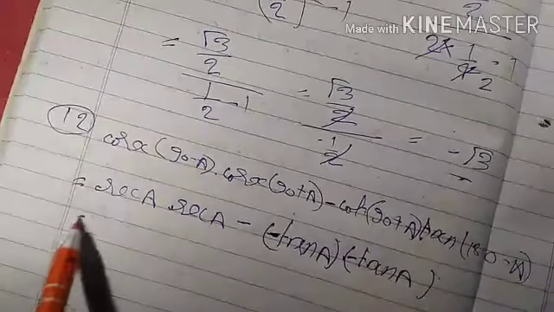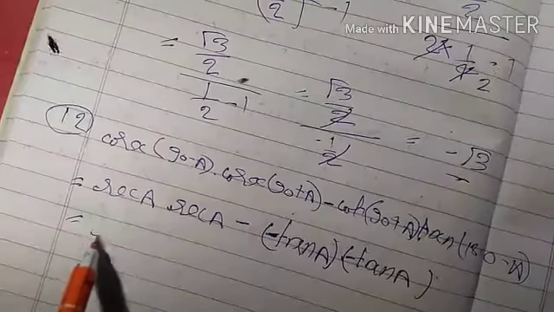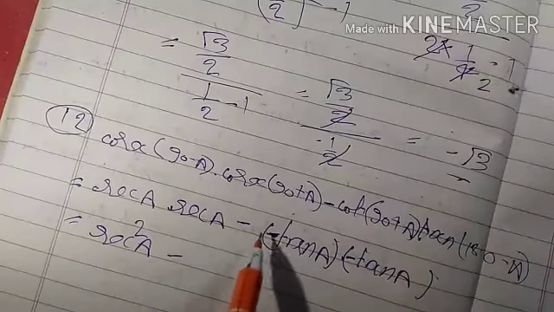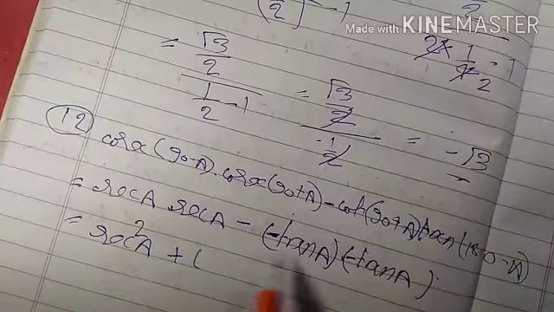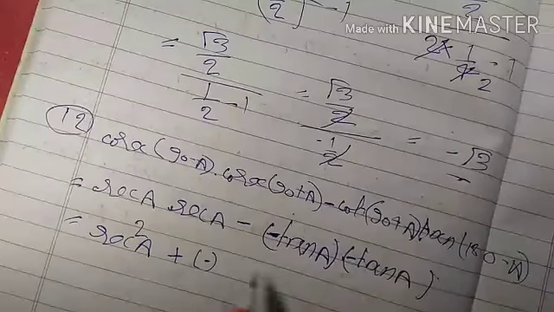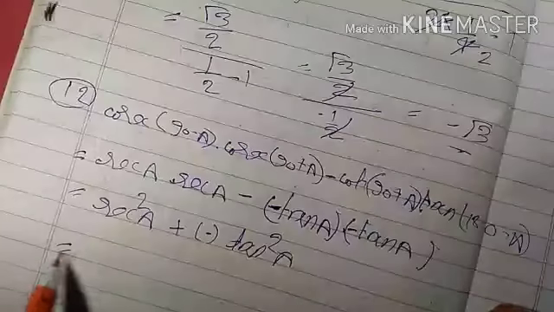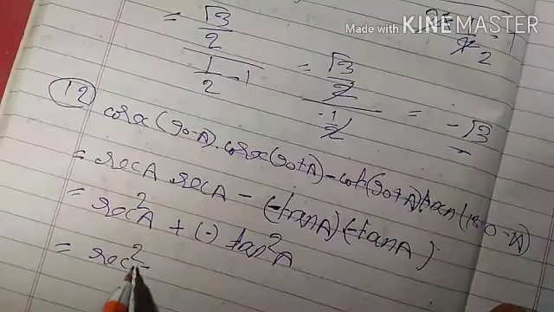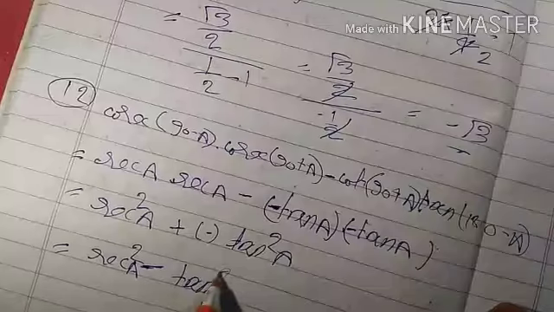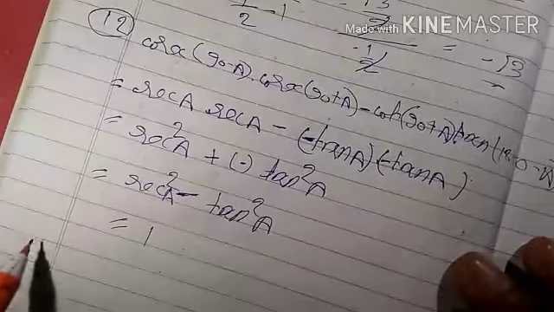So we can write sec a into sec a, that is sec square a, and minus minus is plus, and 1 minus, that is minus tan a into tan a, that is tan square a. So we can write sec square a minus tan square a, that is equal to 1.